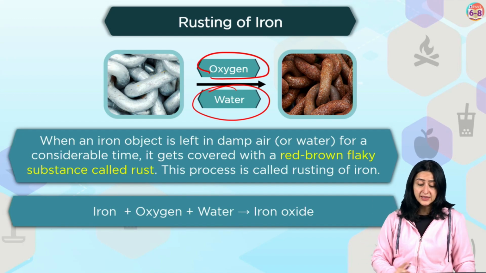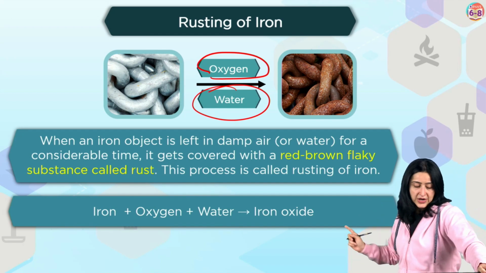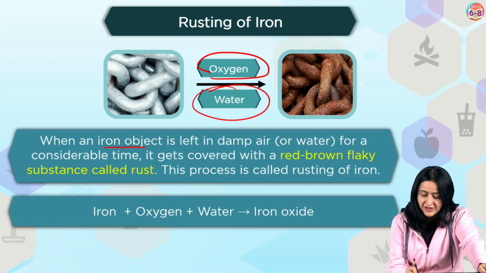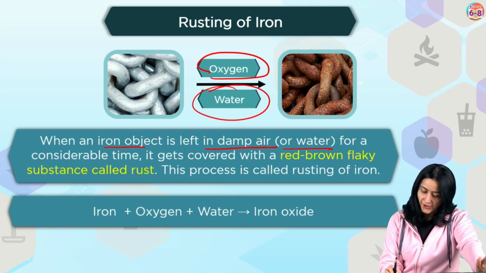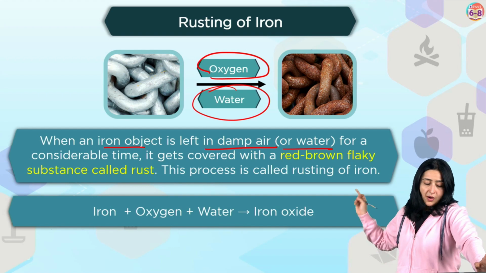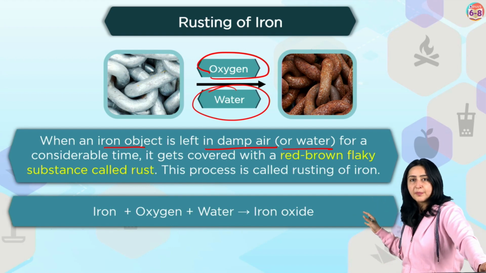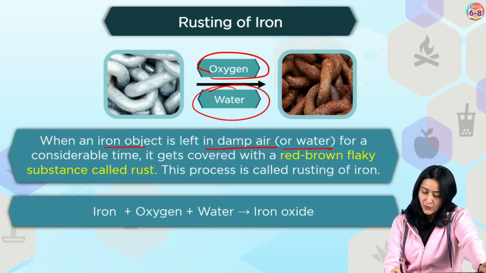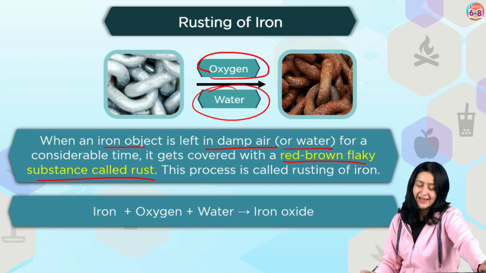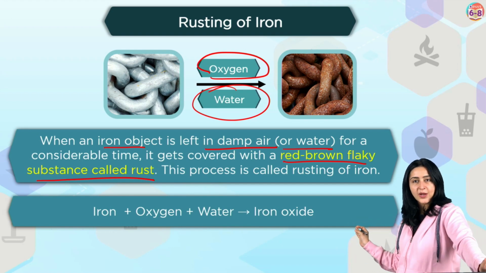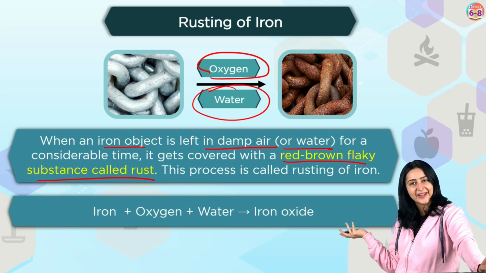What is rusting? Let me explain this to you. When an iron object is left in damp air, which is nothing but oxygen plus water, if you leave it out for a considerable amount of time, what do you get? You get a red-brown, flaky substance called rust. This process is very simply called the rusting of iron.